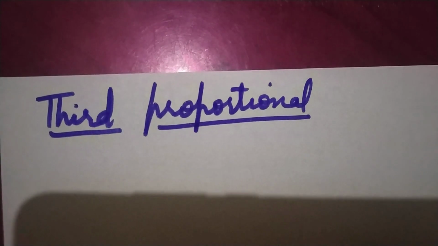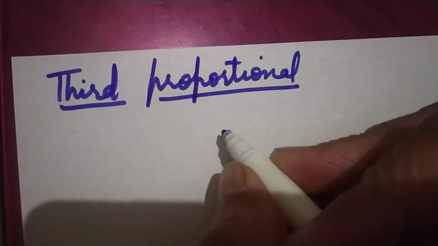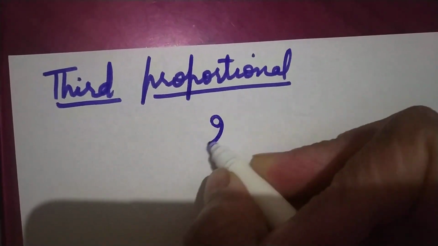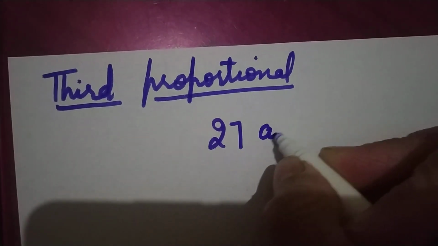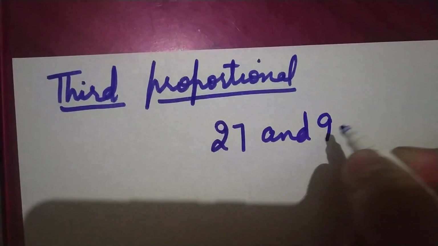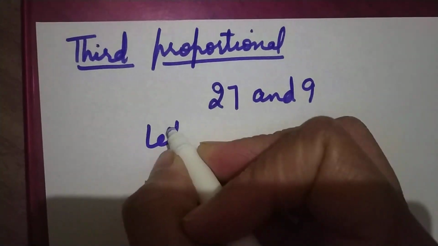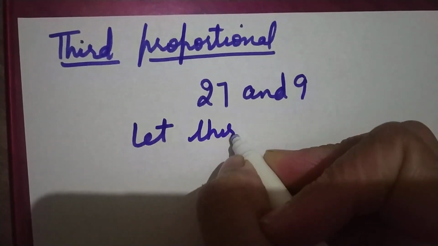How to find the third proportional? Let us take an example. We have to find the third proportional for 27 and 9. Let the third proportional be equal to x.